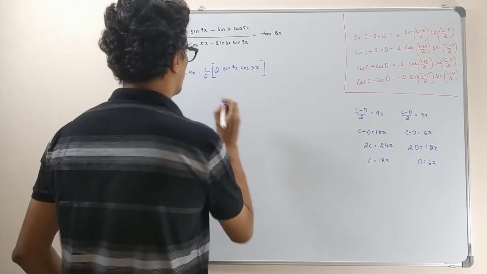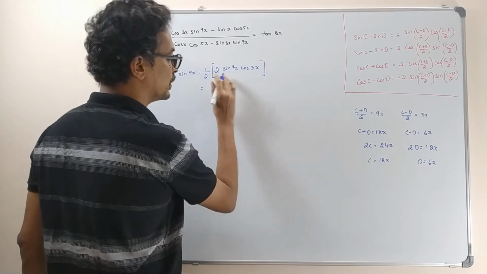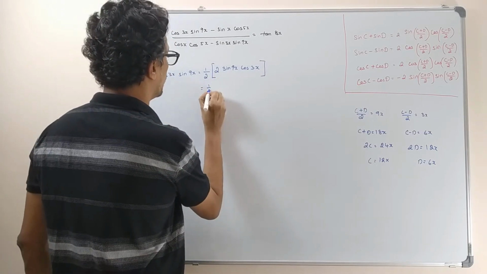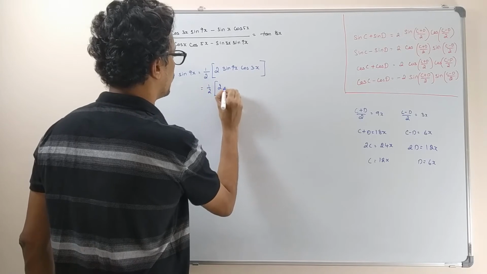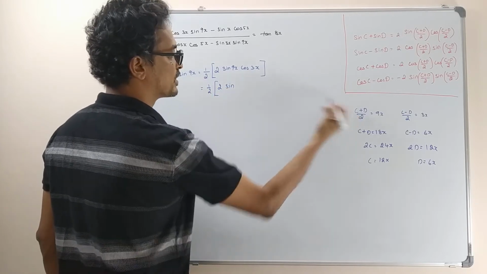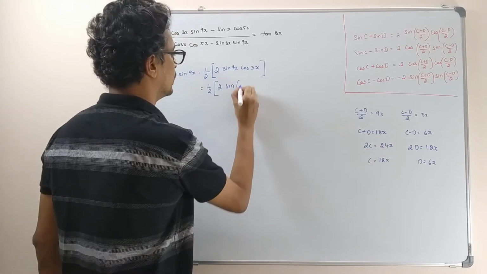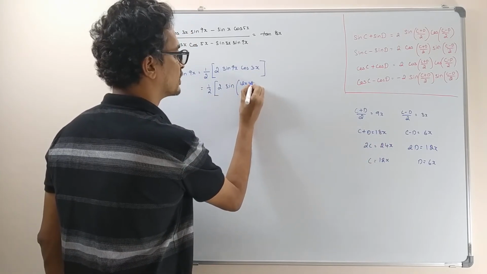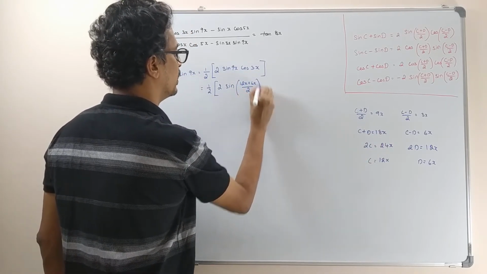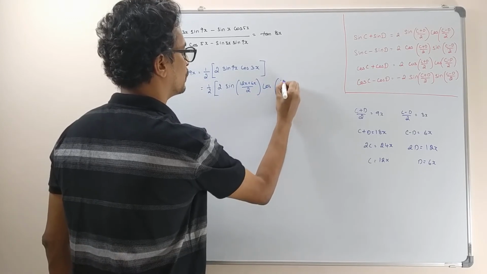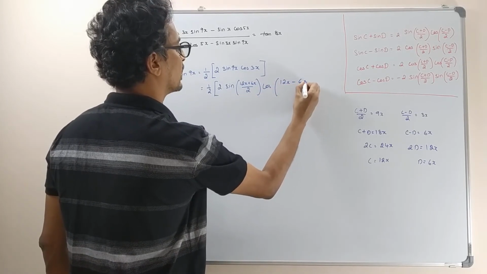Therefore this can be written as 1 by 2 times 2 times sin of (C plus D) by 2, which is (12x plus 6x) by 2, and cos of (12x minus 6x) by 2.